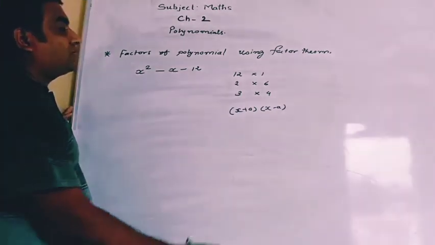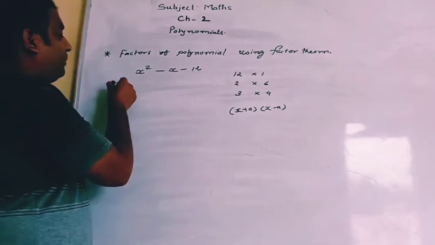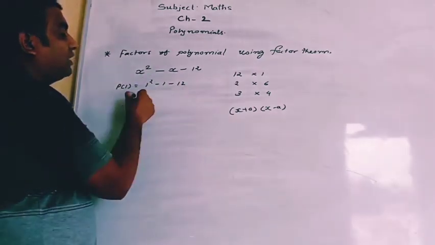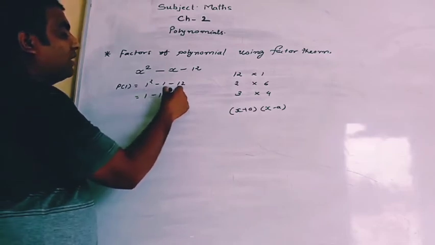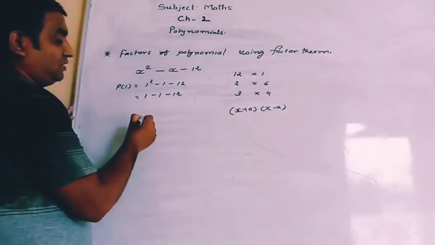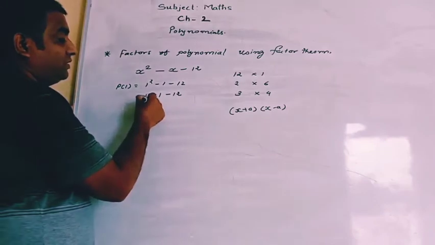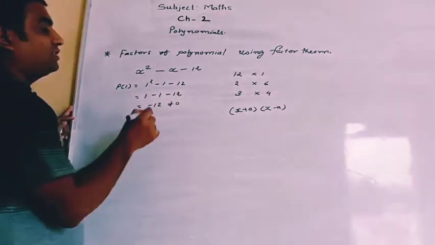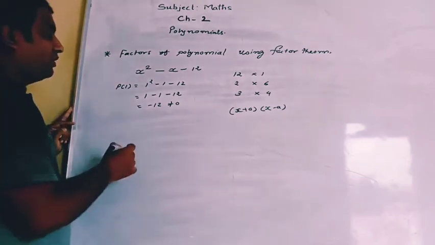So first for the positive values we check. P(1) equals 1 square minus 1 minus 12, so 1 minus 1 is 0, minus 12, not equal to 0. So 1 is not a factor of this polynomial.